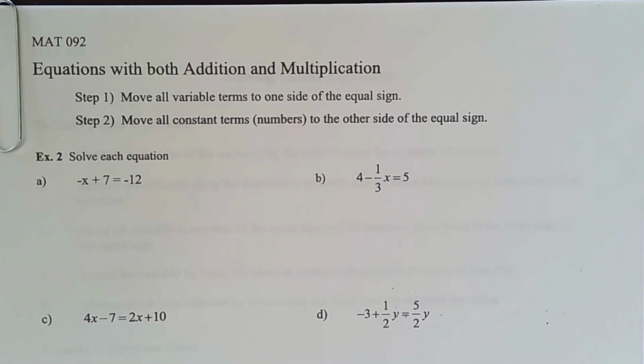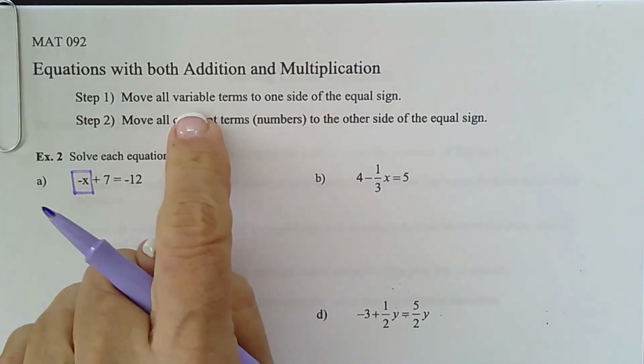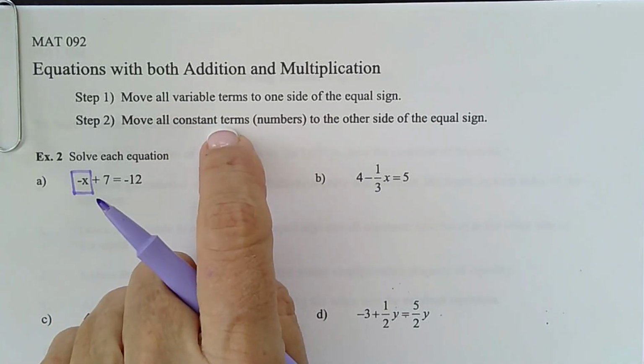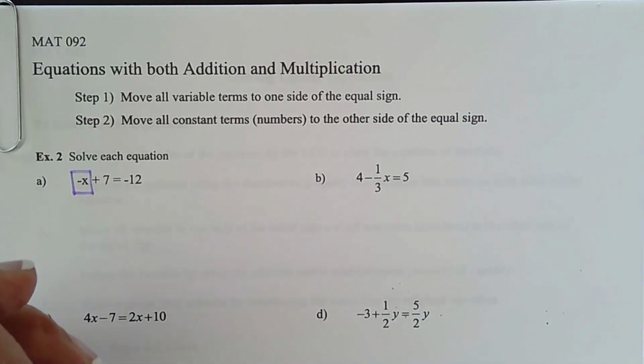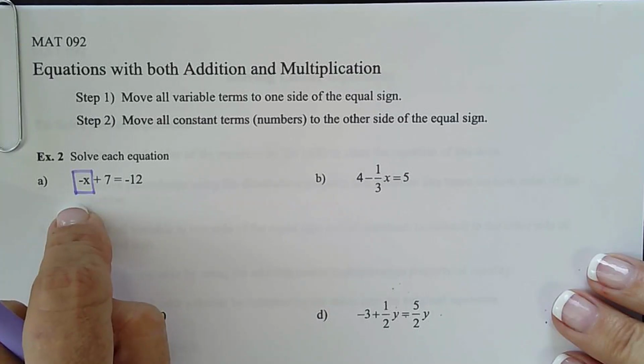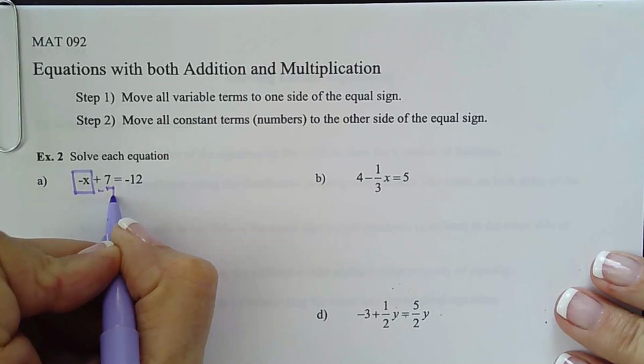So we call these two-step problems. So my number one goal is still to get all the variables on the left and all the constants on the right. That's still my number one goal. So my variable is already on the left. So to move my constant to the right, we do the opposite.